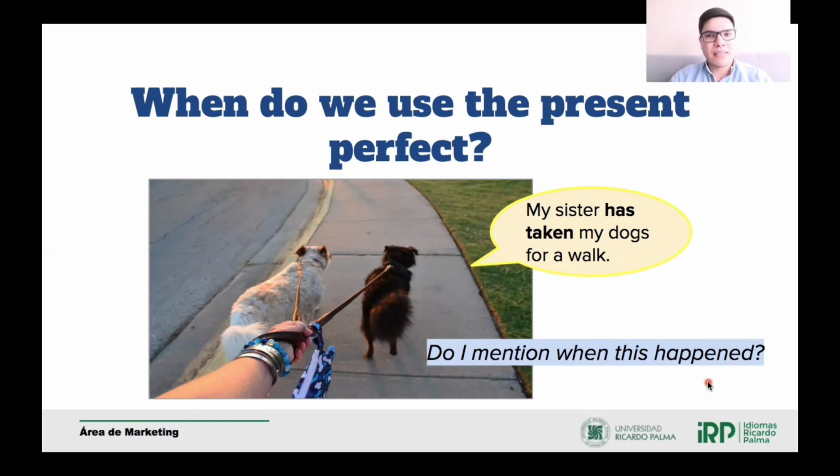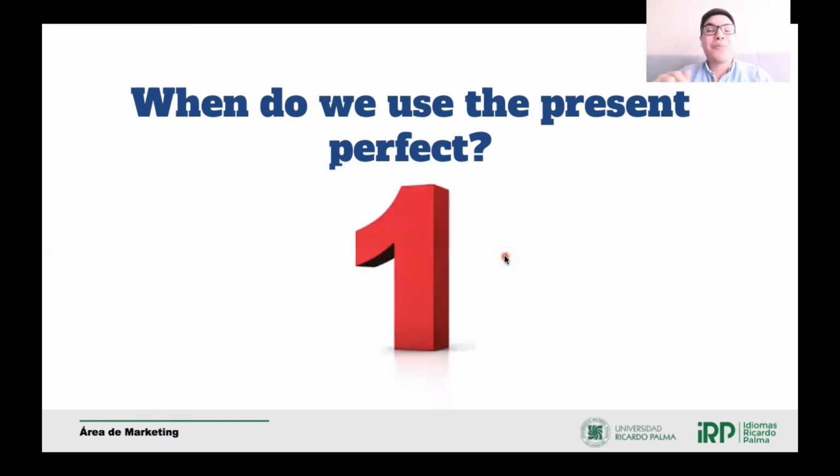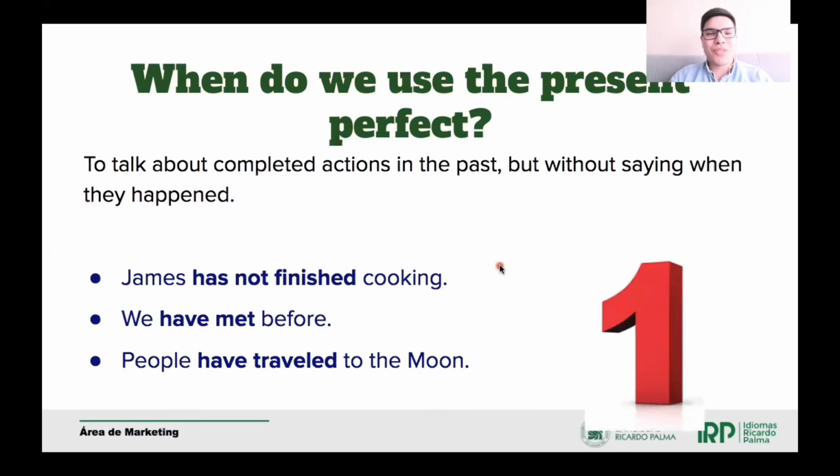When did this happen? We don't know. So in that case, this is going to be our first use. When we talk about completed actions in the past, but without saying when they happened. We don't know exactly when they happened.